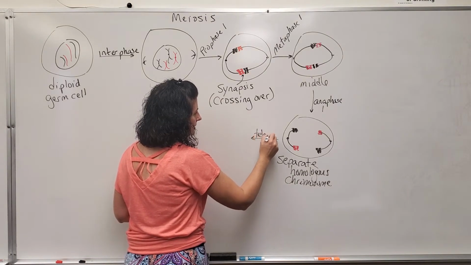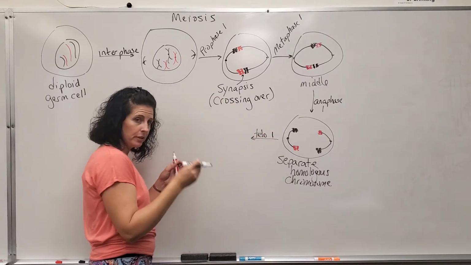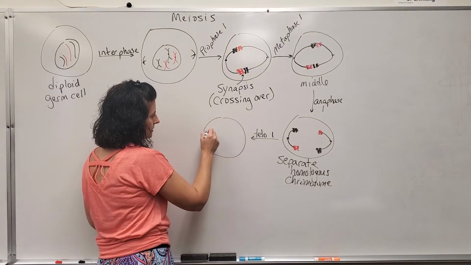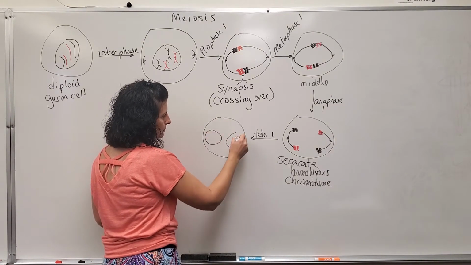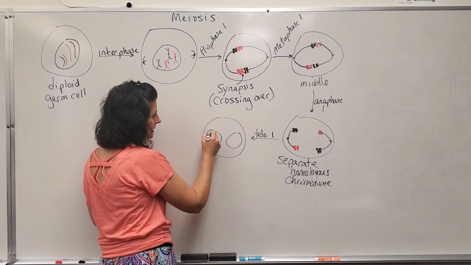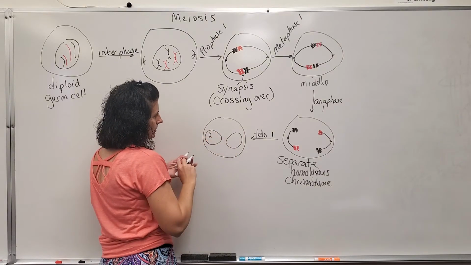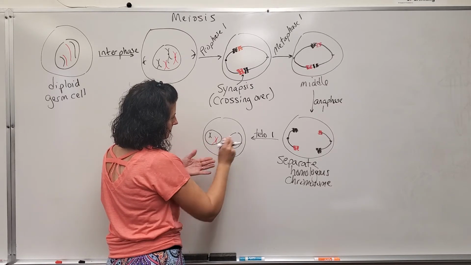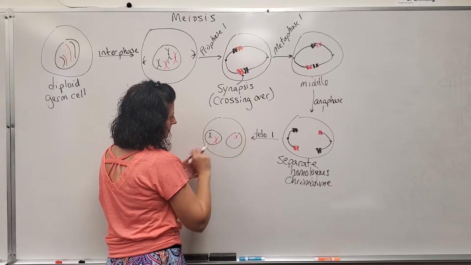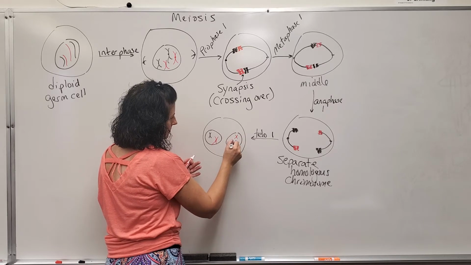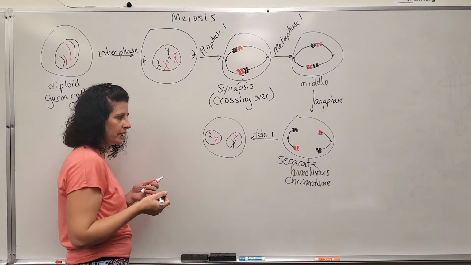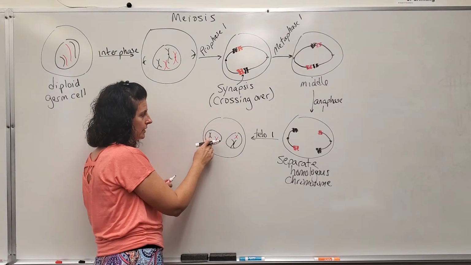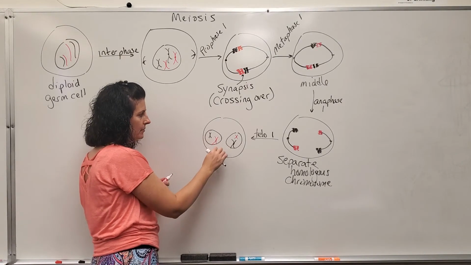Then in telophase 1, we're going to form the nucleus around both of these clusters, and those chromosomes are going to kind of unwind and decondense. Okay, so at this point, we now have haploid nuclei. So we have two nuclei, but they're haploid.